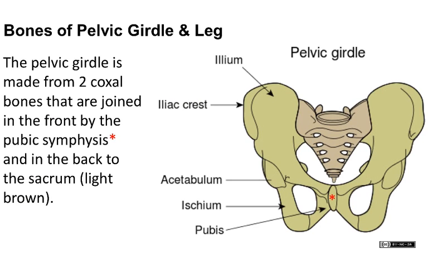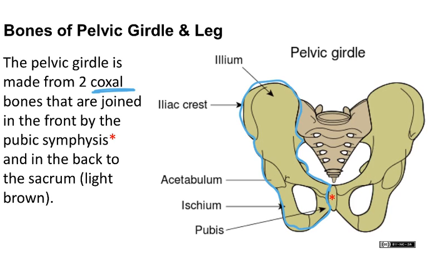So the pelvic girdle is made up of 2 bones that are called the coxal bones. Right? So the bones themselves are called coxal bones. Within each coxal bone, so I'm going to just outline one of them. So that's a coxal bone.